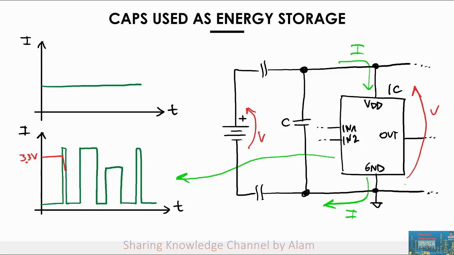Then the voltage will slowly try to recover thanks to the battery. But then again, it will be hit one more time by a very strong current. Then it will try to recover again, and then it will be hit again. Then it will recover here and be hit once more. And then finally, maybe it will be allowed to return to the final value because there is no more current.